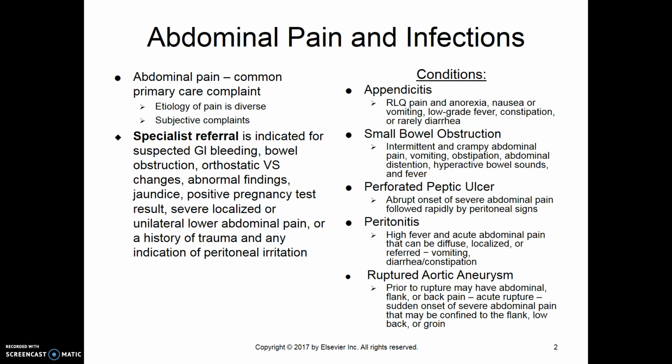And then I want to talk about location, because you can go through appendicitis and small bowel obstruction and perforated peptic ulcer disease, peritonitis, and that ruptured aortic aneurysm, and you can follow the path of the text, and you can say, okay, what's the definition? What's the pathogenesis of this? And the etiology of this.